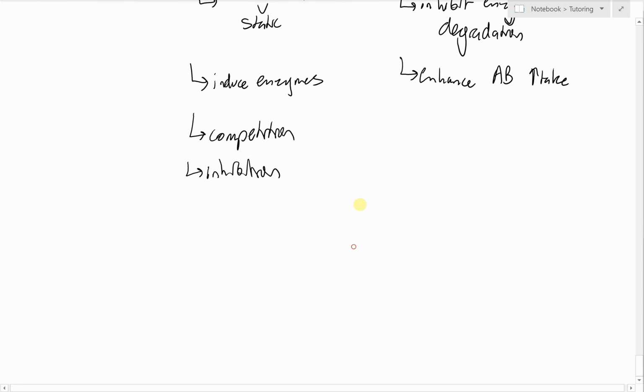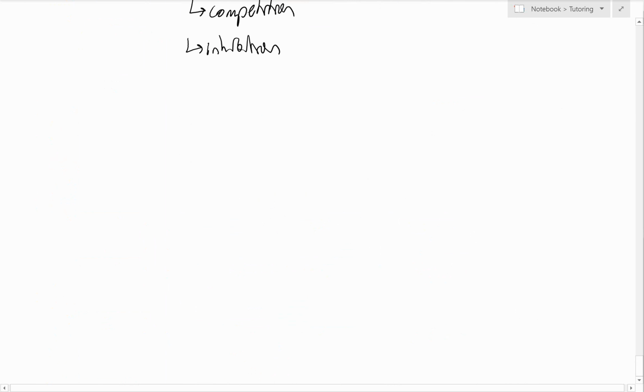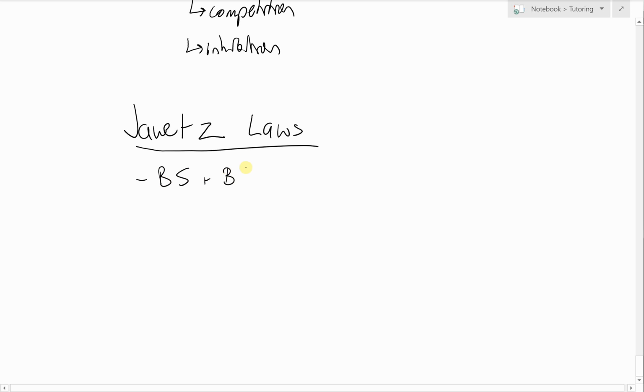We can summarize these tables here with this concept of Jawetz's laws, and I hope I said that right. Jawetz's laws. So a bacteriostatic versus a bacteriostatic will usually be additive or indifferent.